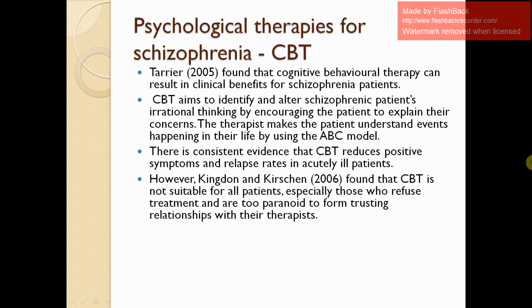The therapist makes the patient understand events happening in their life by using the ABC model. There is consistent evidence that CBT reduces positive symptoms and relapse rates in acutely ill patients. However, Kingdon and Kirschen 2006 found that CBT is not suitable for all patients, especially those who refuse treatment and are too paranoid to form trusting relationships with their therapists.